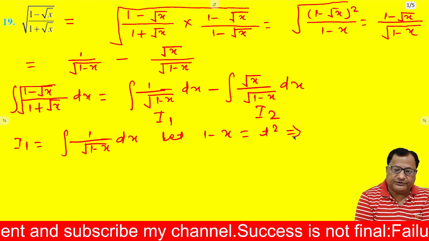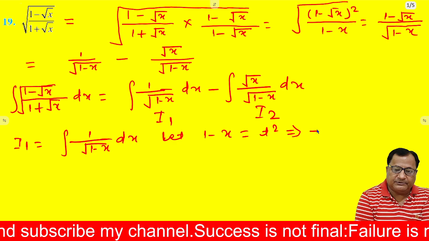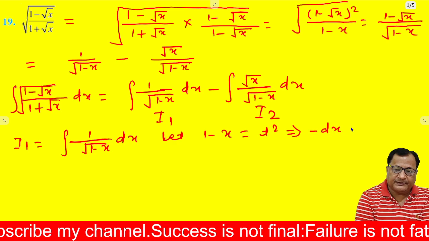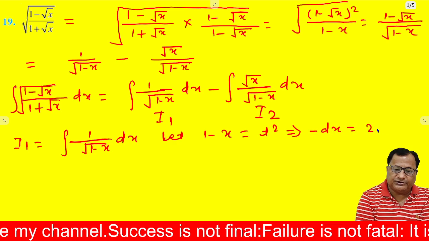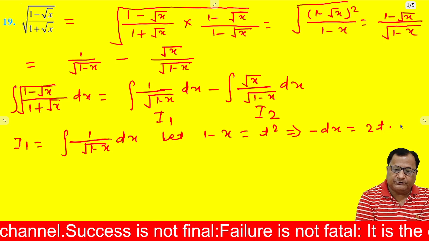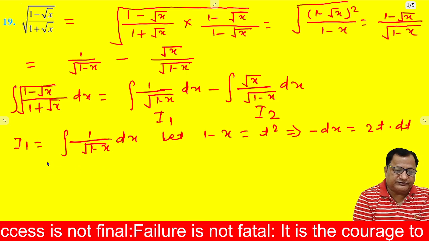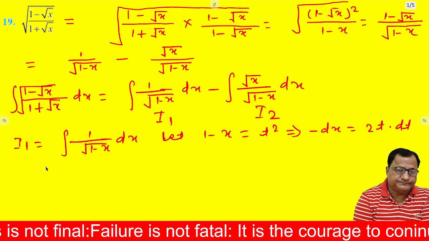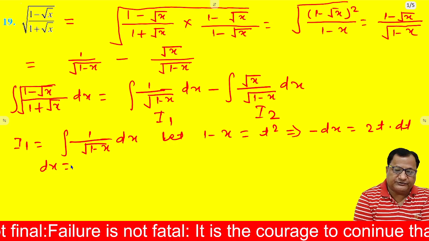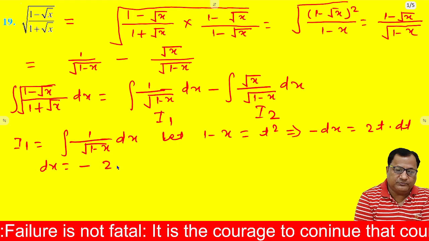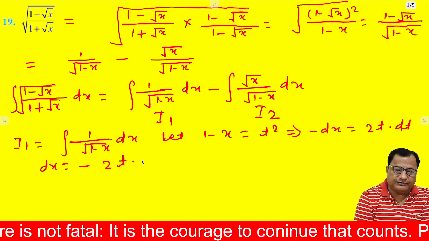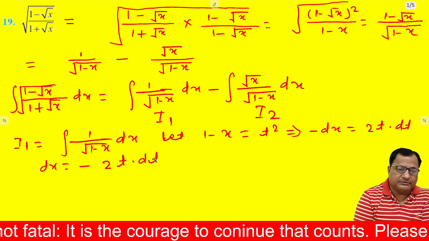If we differentiate both sides, then it will be minus dx is equal to 2t into dt. So dx will be equal to minus 2t into dt.